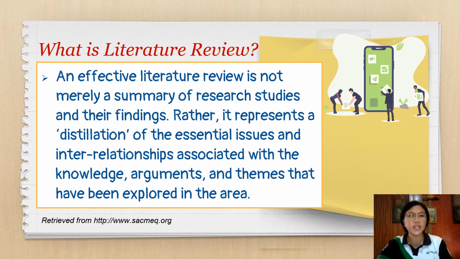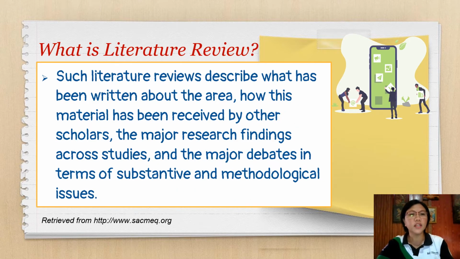Rather, it represents a distillation of the essential issues and interrelationships associated with the knowledge, arguments, and themes that have been explored in the area. Such literature reviews describe what has been written about the area, how this material has been received by other scholars, the major research findings across studies, and the major debates in terms of substantive and methodological issues.